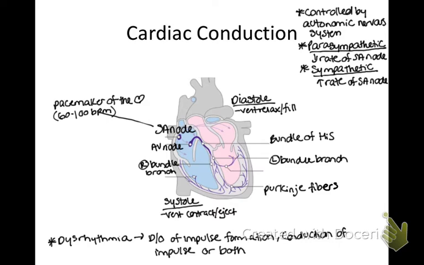So you have lub, dub, right? This is diastole, systole, diastole, systole. That's happening because of an electrical impulse, and the electrical impulse always has to start at the SA node, and it always has to follow the normal pathway. If it doesn't, then you have a dysrhythmia.